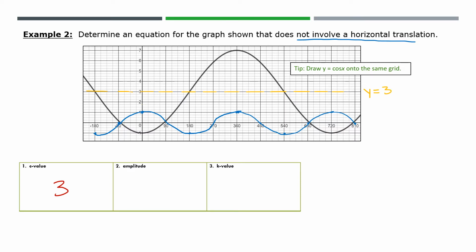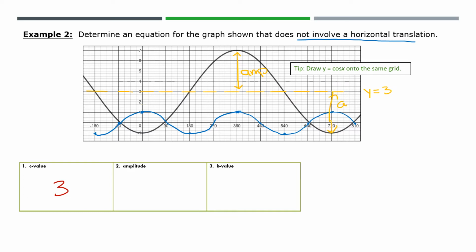How about the amplitude? Okay, the amplitude, remember, is the positive distance from a maximum to the equation of the axis. That's why it's important to have the equation of the axis drawn on first. So this is the amplitude here. So how many units is that? Or you could go from the equation of the axis to a minimum.